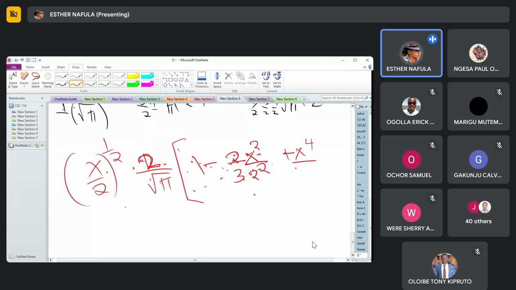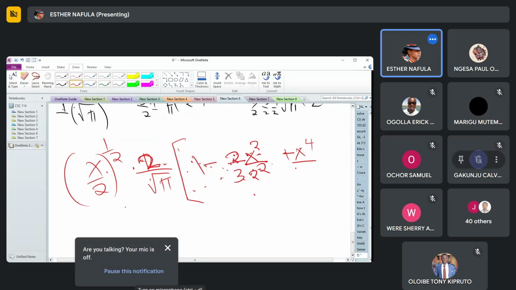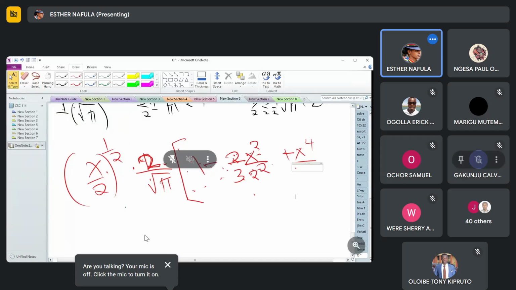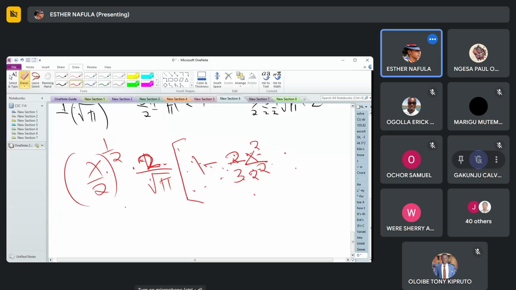Simplify. Tell me what to write, a single expression. 4 over 15. What do you have as the third term? 2 over 15 into x power 4 over 2 power 4.